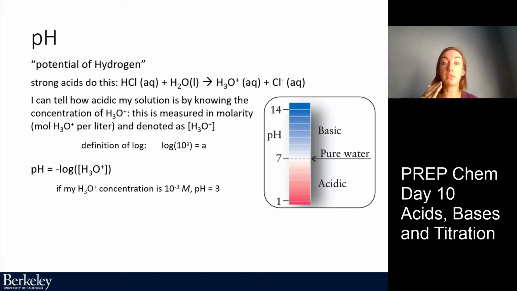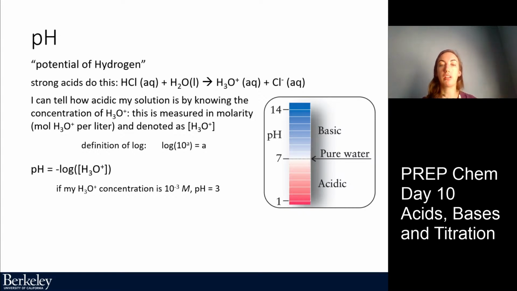That's a little confusing because you would think intuitively maybe there's more H3O plus, so the pH should be higher. But what you have to remember is that 10 to the minus 1 is bigger than 10 to the minus 5. So 10 to the minus 1 is a higher concentration of H3O plus than 10 to the minus 5, so the pH is lower.